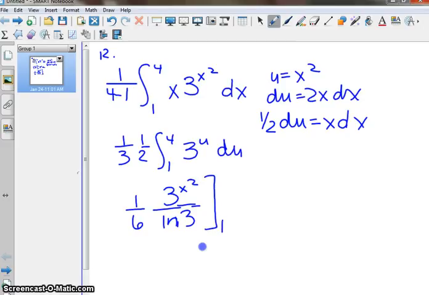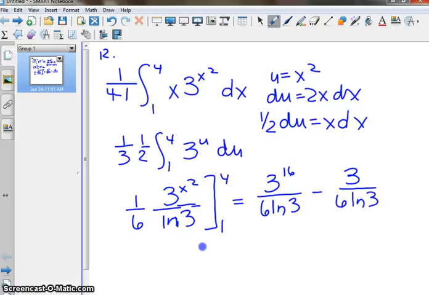It's a definite integral from 1 to 4, so we get a crazy large number because we are taking 3 to the 16th over 6 natural log of 3 minus 3 to the 1st over 6 natural log of 3. So it will be 3 to the 15th.